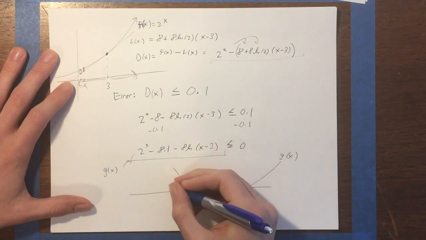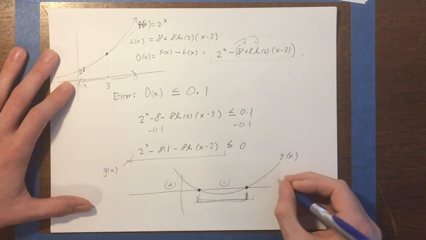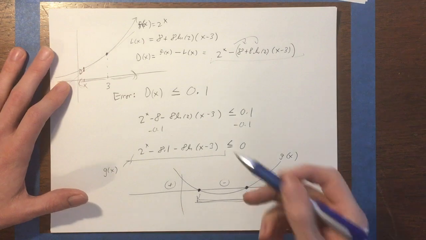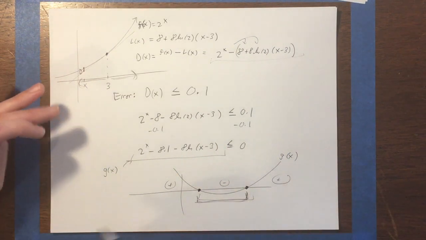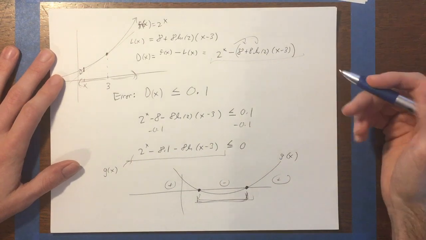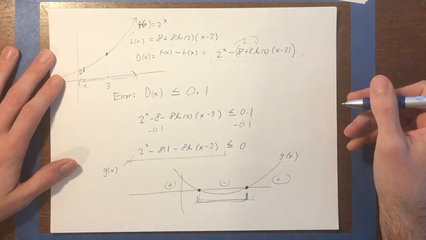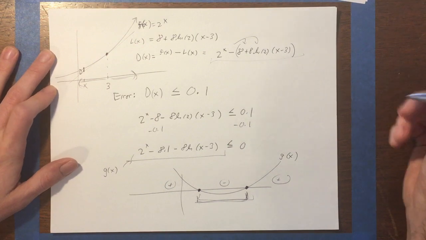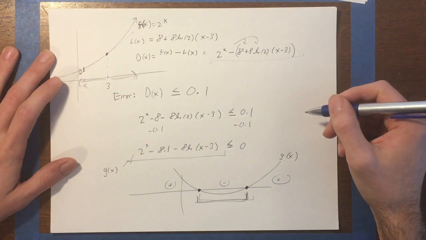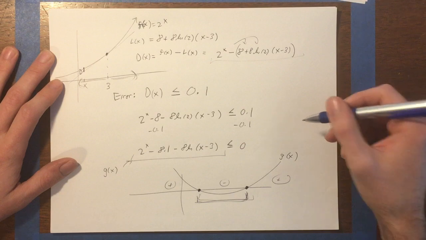And you could do a sign chart. You'd get like positive, negative, and then positive, like that. Now, actually setting that equal to 0 and solving it is not an easy thing to do. In fact, the equation solving strategies you've learned in college algebra are not really going to do it for you. This is the type of thing where you really need to resort to technology.